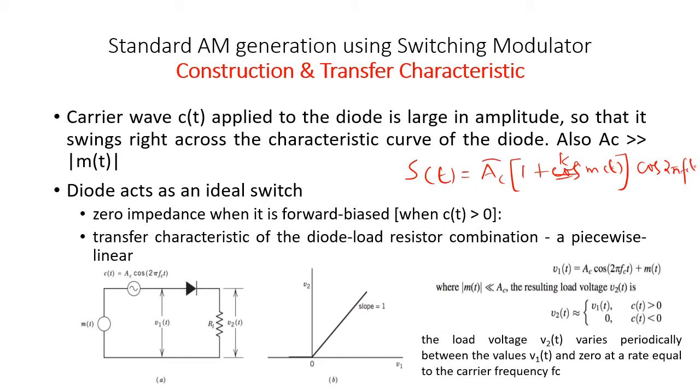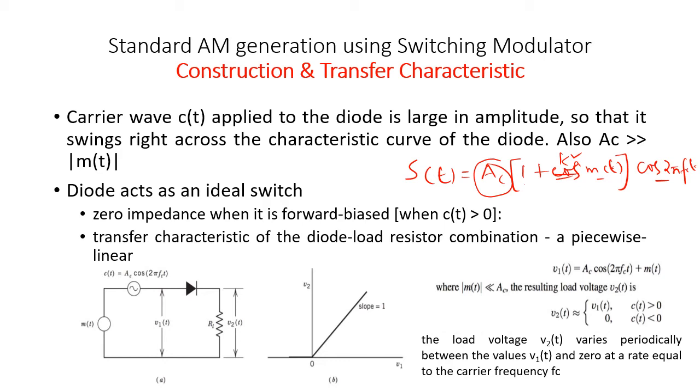So there should be a constant here, which is the message amplitude sensitivity, this is the message signal, and this is the carrier sinusoid. It should be of this form.